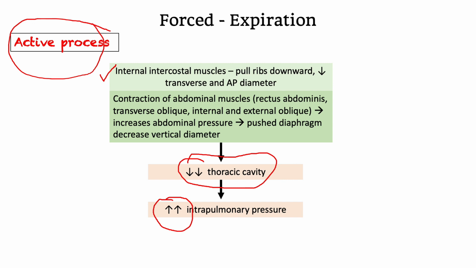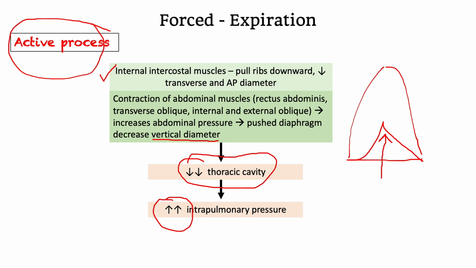So in terms of vertical diameter, how are we going to decrease it? So by pushing the diaphragm upwards. So remember, the diaphragm is a dome-shaped organ. So it is flattened here during inspiration. So when we want to expire, it needs to be dome-shaped again. So we need to push the diaphragm upwards.